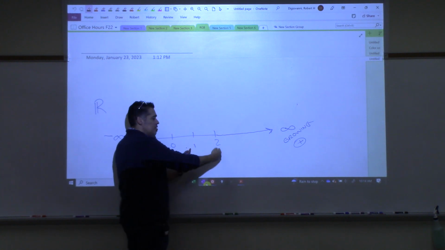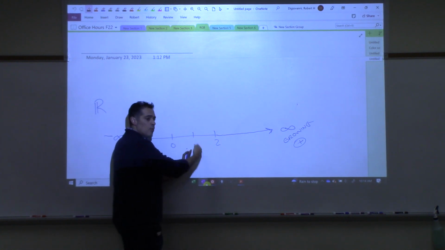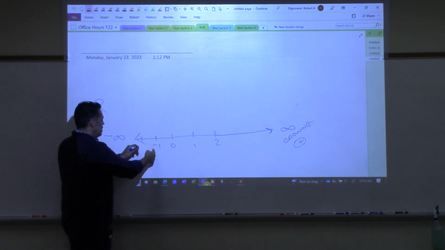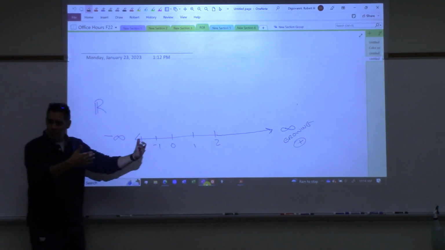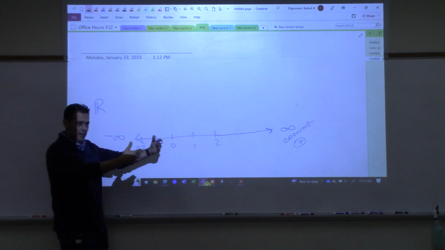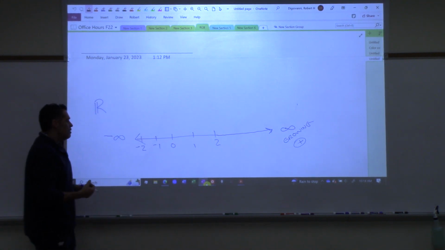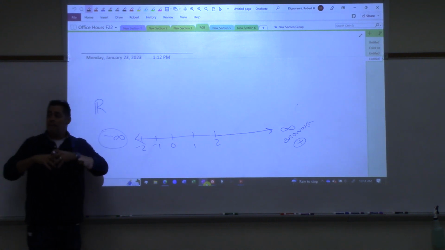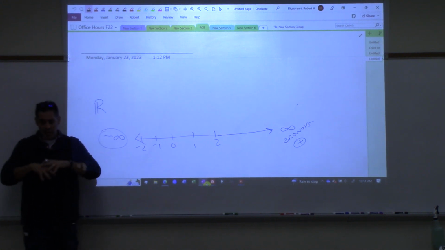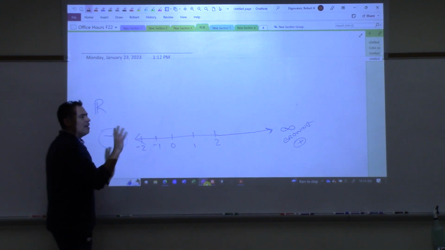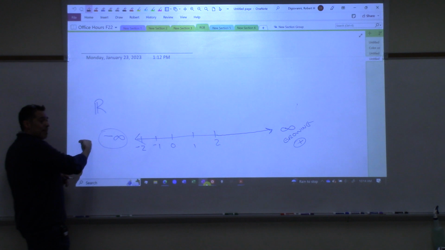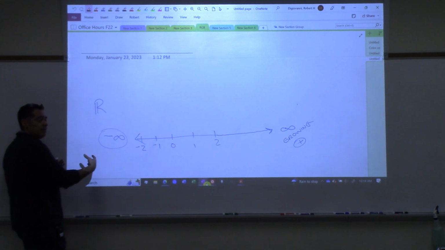So the number 2 is bigger than number 1. The number 1 is bigger than 0. 0 is bigger than negative 1. Negative 1 is bigger than negative 2. That's the way we order things normally when we're learning about the number line. The way I want you to look at negative infinity is that it's a very large negative number. Or not a number, but it's these numbers that are getting bigger and bigger, growing, but they're growing negative. Okay?